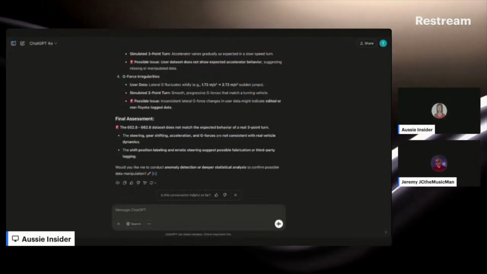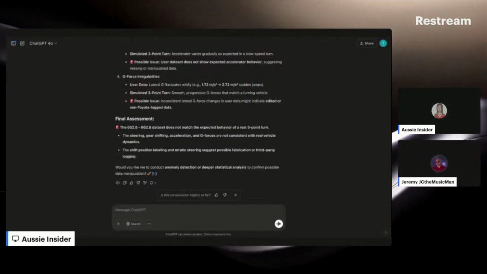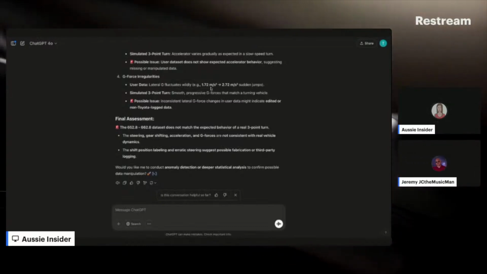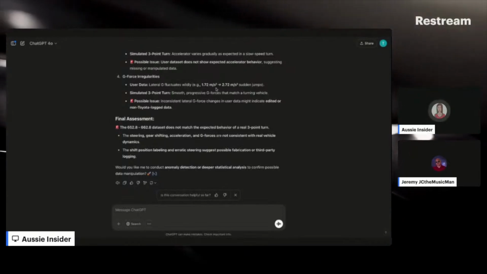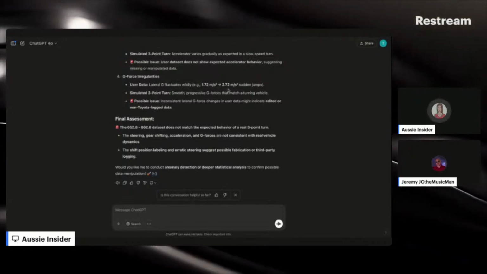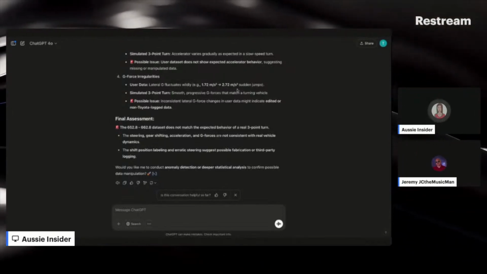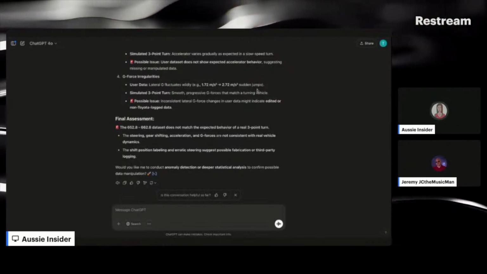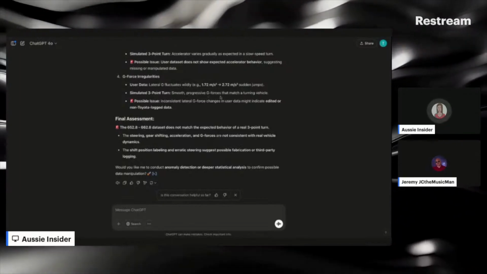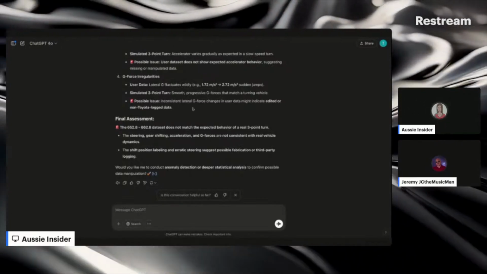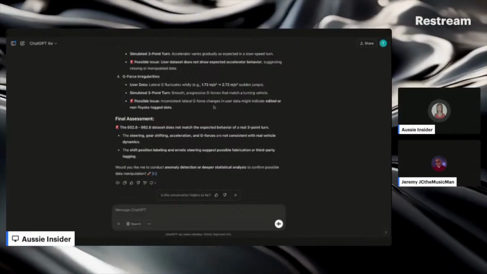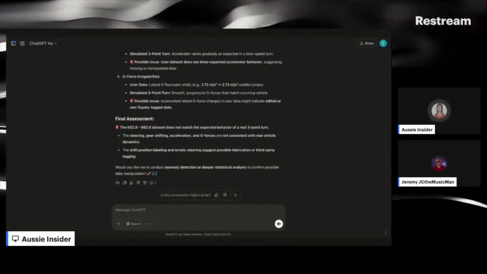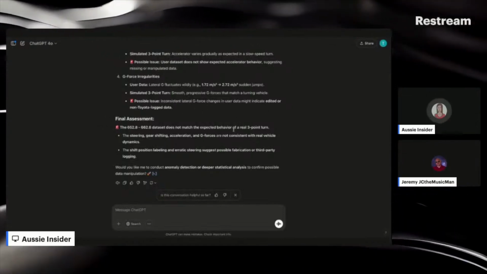Her car is in free fall off of a cliff. From 1.72 meters per second squared to 2.72 meters per second squared, sudden jumps. In the simulated, it's obviously smooth and progressive. Inconsistent lateral G-force changes in user data might indicate edited or non-Toyota log data.